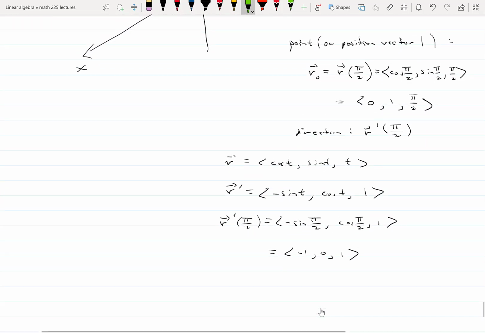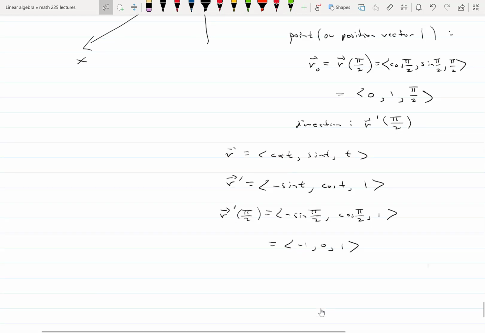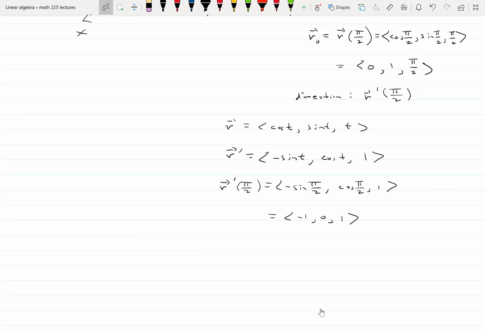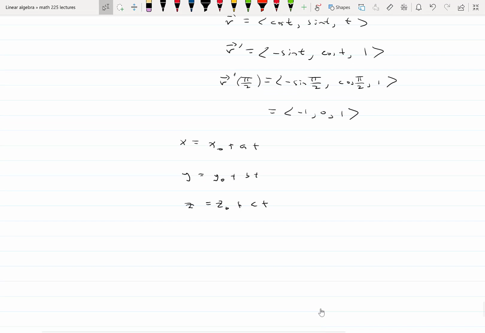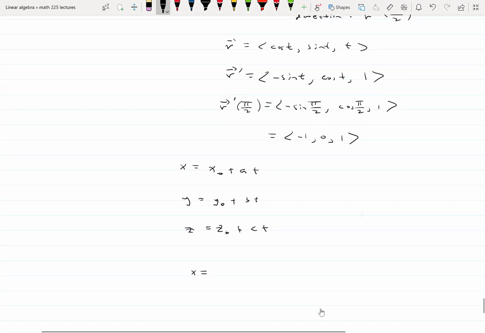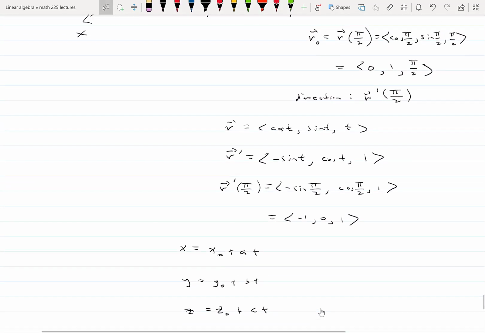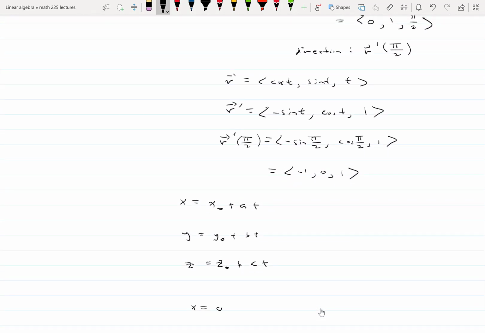All right. Let's find the parametric equations for that tangent line. Remember, parametric equations look like x equals x naught plus at, y equals y naught plus bt, and z equals z naught plus ct. So our equations look like x equals the x component of my initial position, which is 0, plus the x component of my direction vector, negative 1, times t.